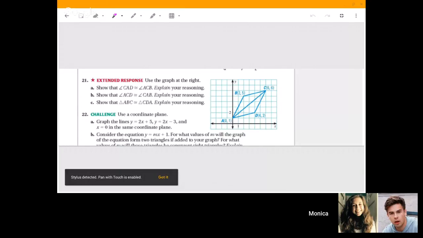All right, 21, Isabel. First, it wants us to show that angle CAD, which is here, is congruent to angle ACB. So congruent to this angle, okay?